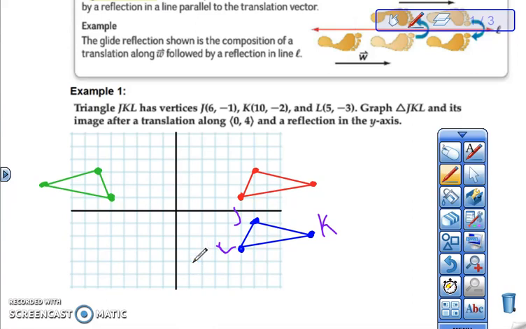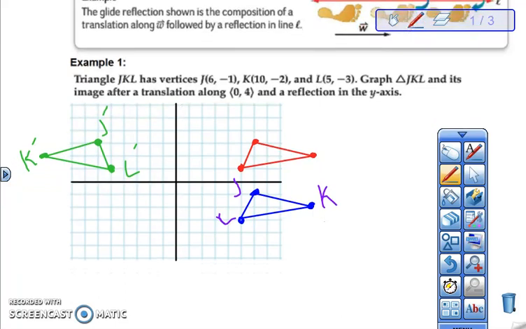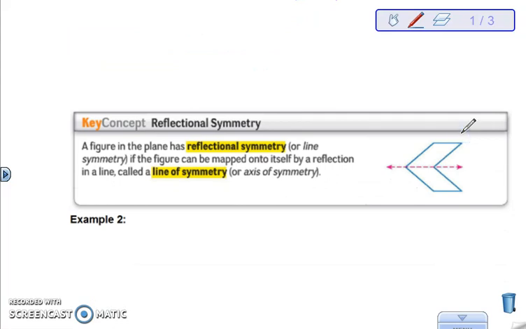So we're going to have J prime over here, K prime over here, and then L prime over here. You can do the same thing with rotations or reflections or any combination of the transformations that we've discussed before. Just take the figure that they've given you and follow the directions in the order that everything is given to you, and you should get the correct image.